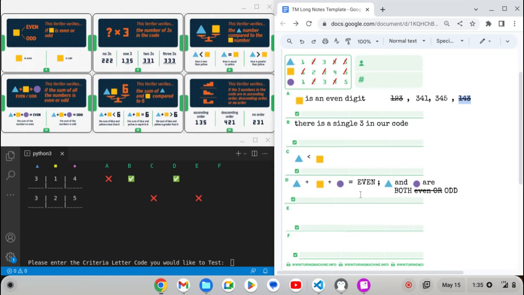Okay, and I'll just write down a note here for criteria E that triangle plus square is greater than 6.